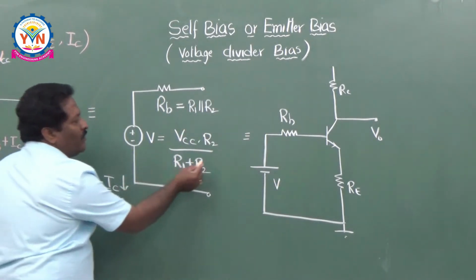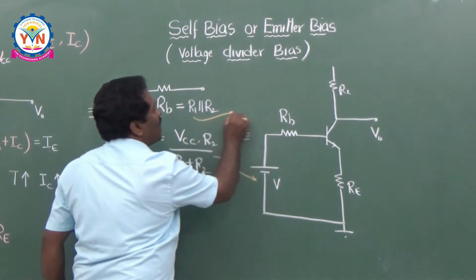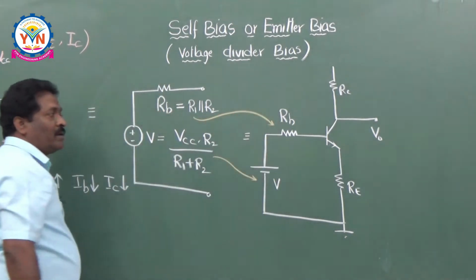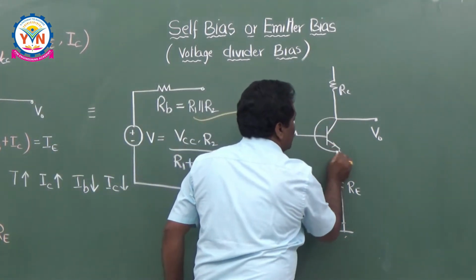V means VCC into R2 by R1 plus R2. And what is this RB? RB means R1 in parallel with R2. And this is the resistance here.